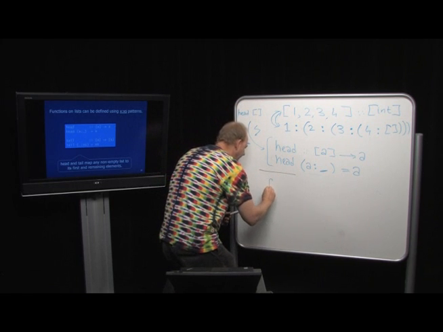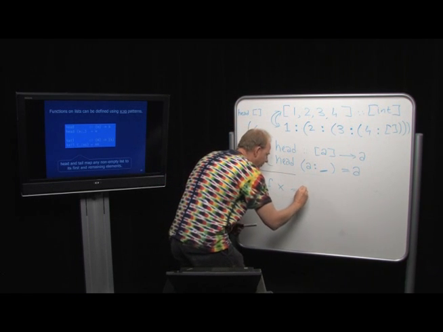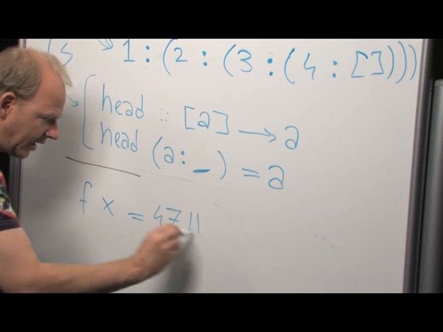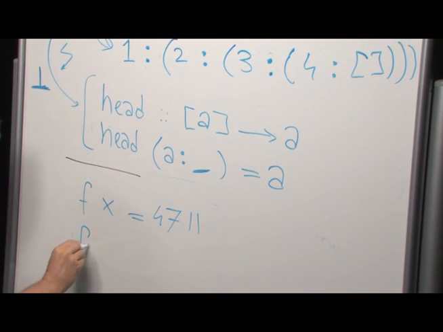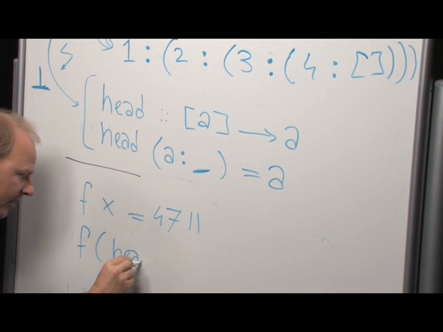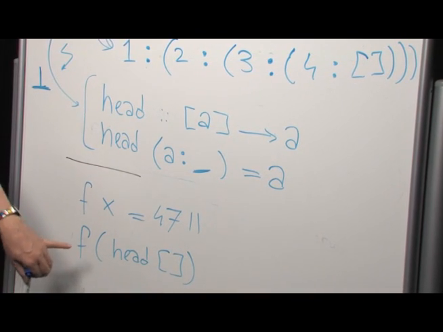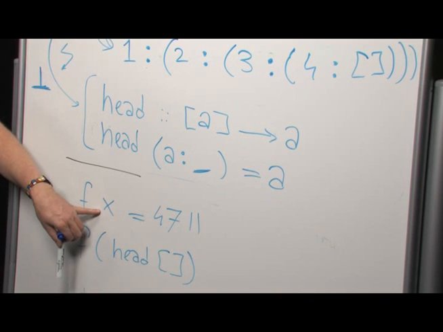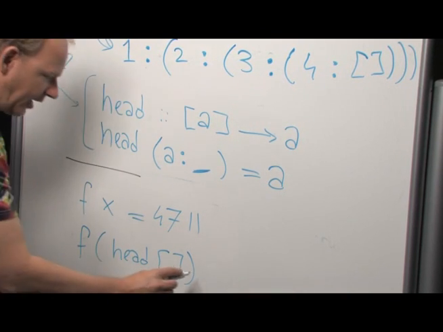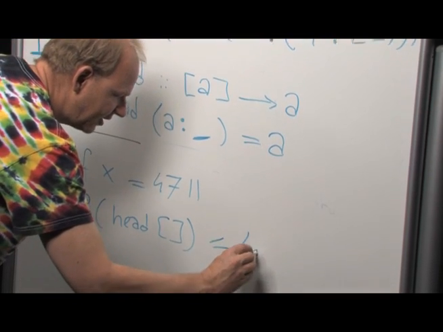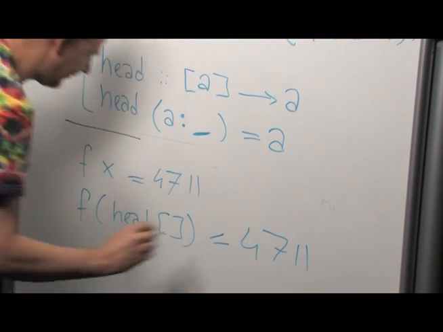If we have f of x equals 4, 7, 11, if I now call f of head of the empty list, well, since this function here doesn't need to evaluate its argument, it will return 4, 7, 11 immediately. So that's here. I can return 4, 7, 11.